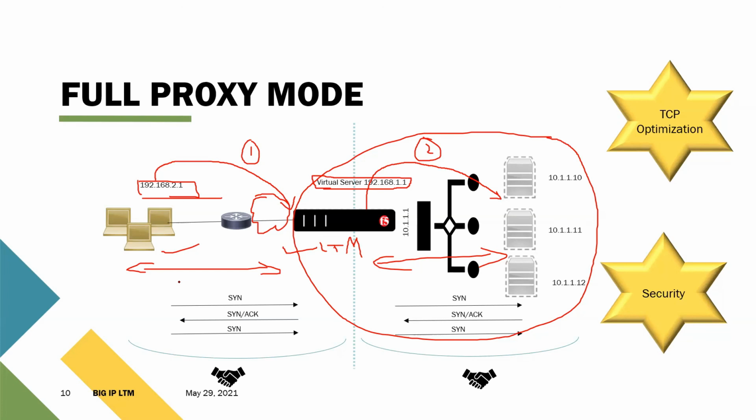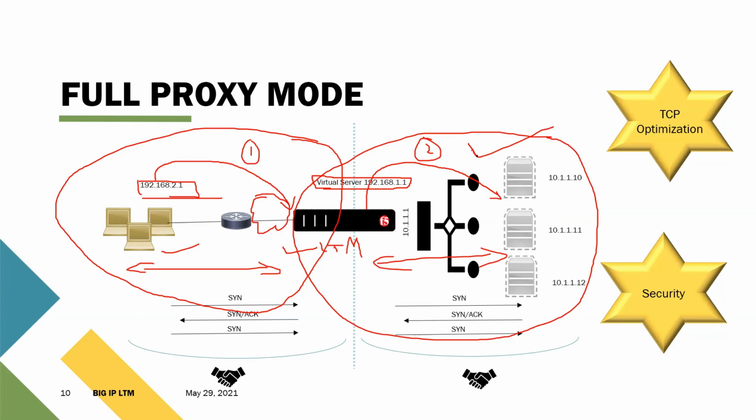So for example, if I know that this side of the link is slow, it's internet, we can compress the traffic while we are sending it back to the users. And this side of the network does not require any compression because it is all hardwired, right? Does that explain everything?